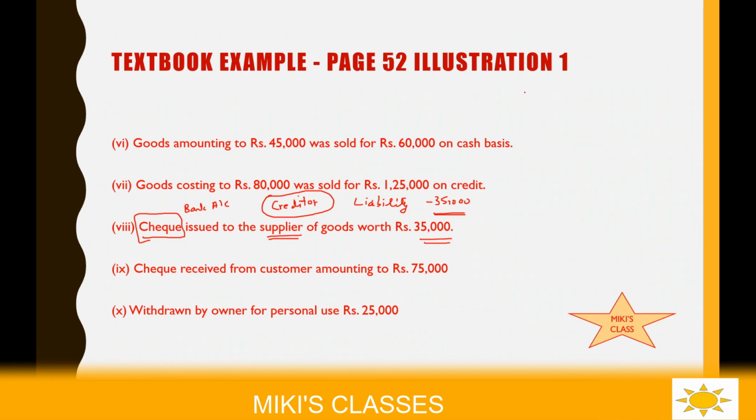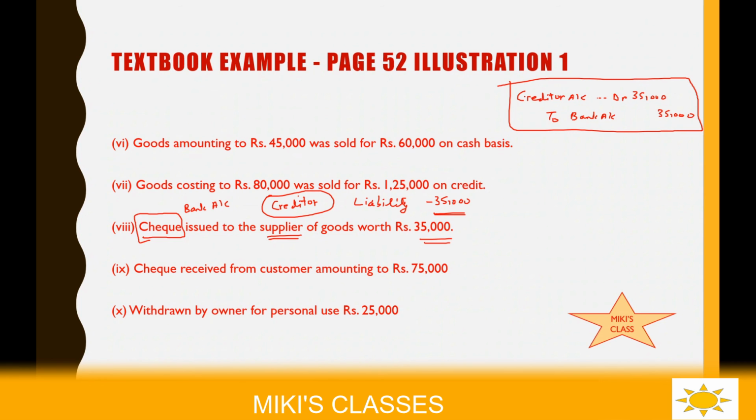Whoever is the creditor, because it is not mentioned, creditor account debit to bank account, 35,000. This is also 35,000. Correct? This is the journal entry for this.